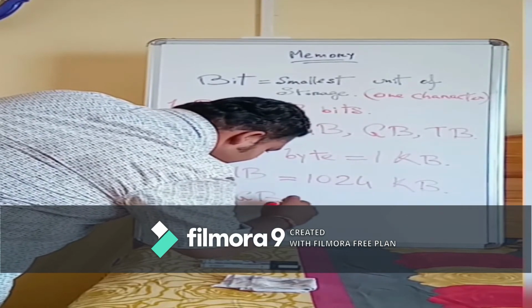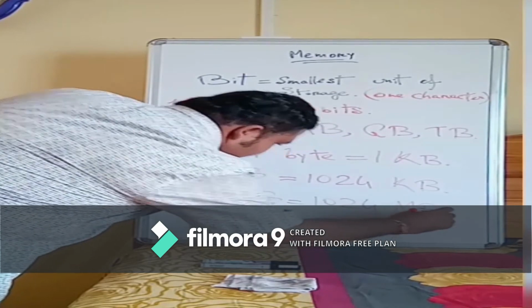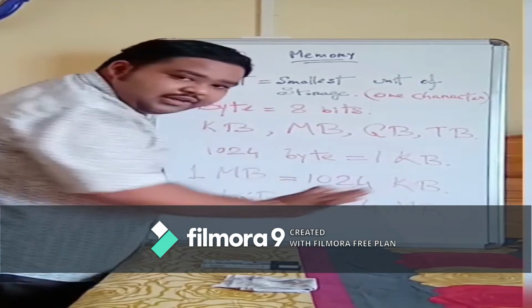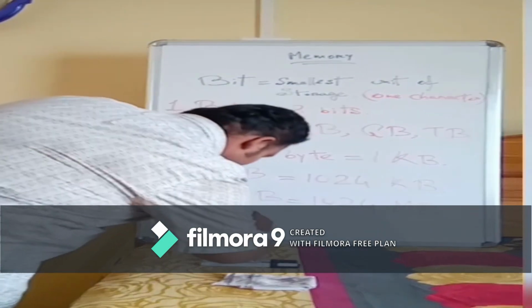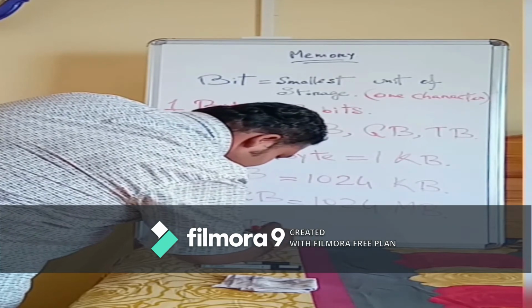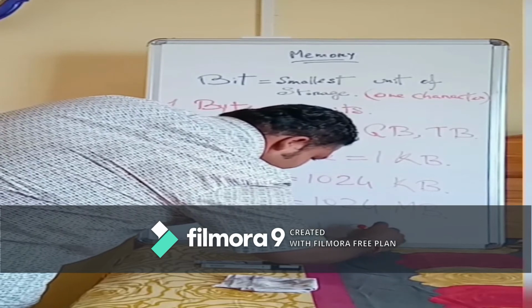What is 1 GB? 1 gigabyte is equals to 1024 megabyte. Alright. Then comes 1 terabyte. TB. The last one, terabyte. 1 terabyte is 1024 gigabyte.